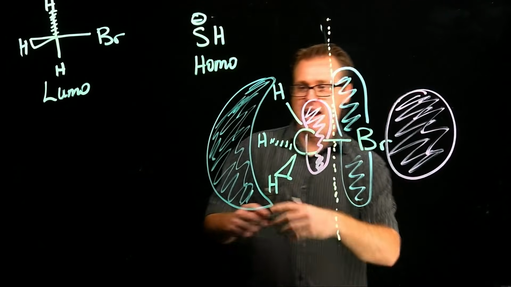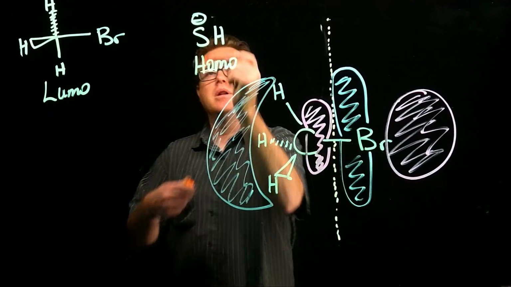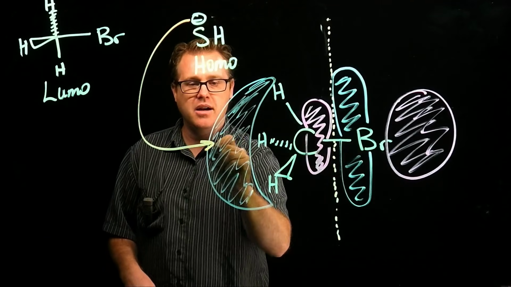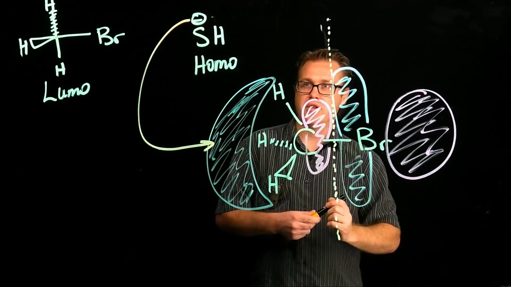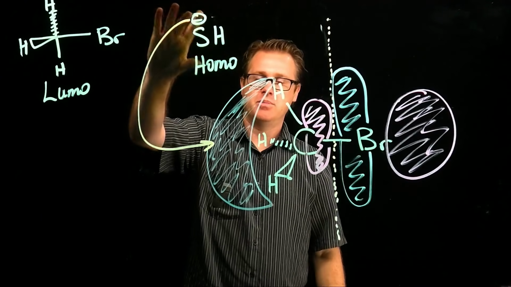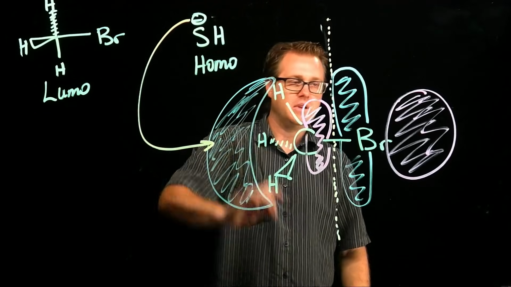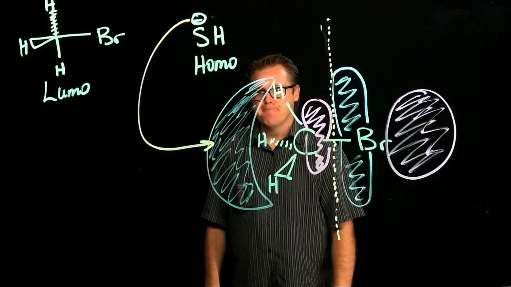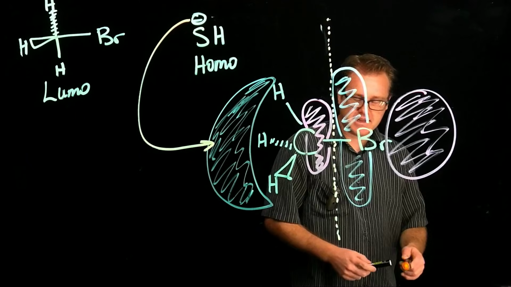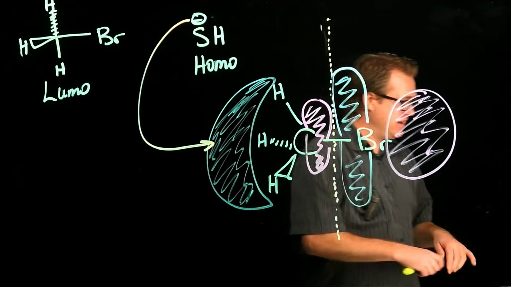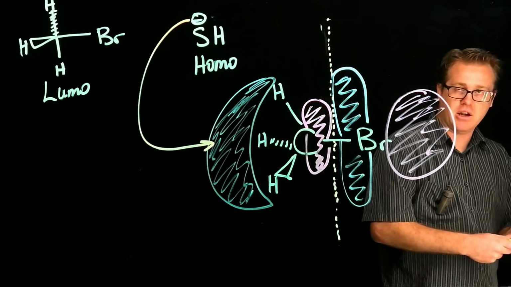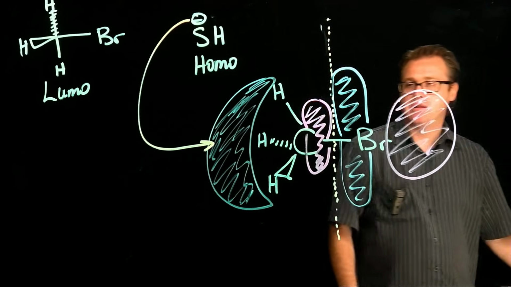So it's impossible. But if you look at backside attack, you can see that, hey, look at this guy right here. Lots and lots of orbital overlap for the electrons in the HOMO to be placed into the LUMO. All right? So MO theory helps us to explain why backside attack is the only way to go.